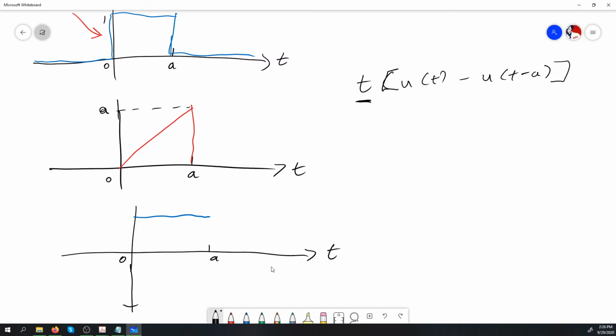Because we have that change from a to 0, that's a negative change because it goes in the downwards direction. And then we have an impulse here of magnitude negative a occurring at a.